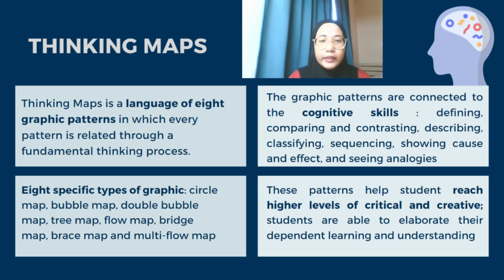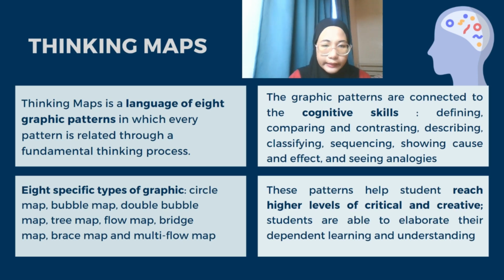So this thinking is related with six types of cognitive skills that we learn in Benjamin Bloom's taxonomy of thinking, which are high order thinking and low order thinking skills. So for the low order skills, which include knowledge first, like knowing the fact, and also comprehension and application.